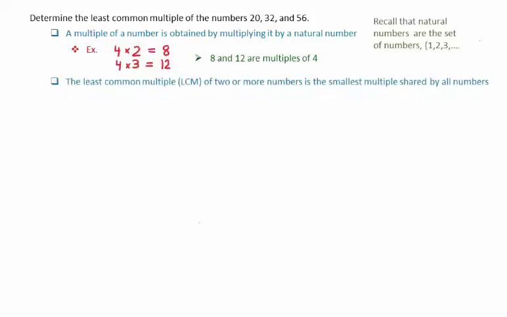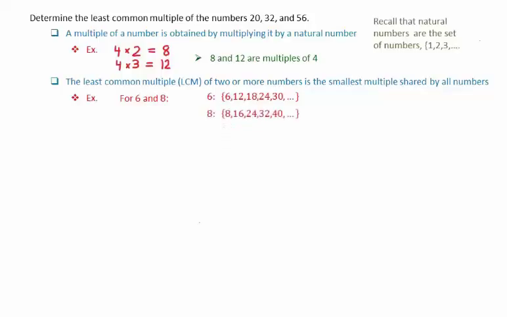The least common multiple of 2 or more numbers is the smallest multiple that is shared by all the numbers. As an example, for 6 and 8, first of all, 6. The multiples of 6 are 6, 12, 18, 24, 30, and so on.